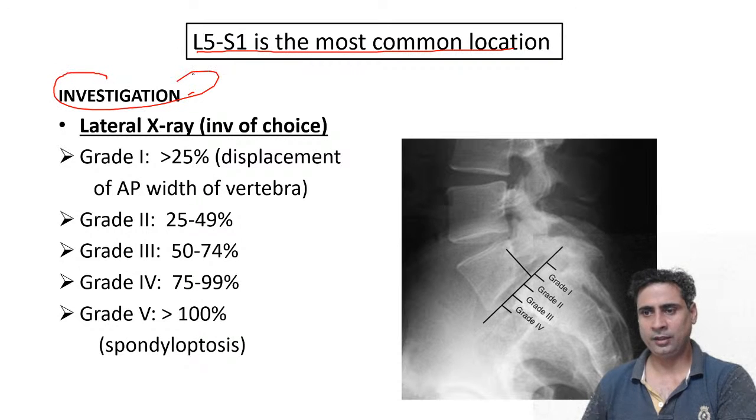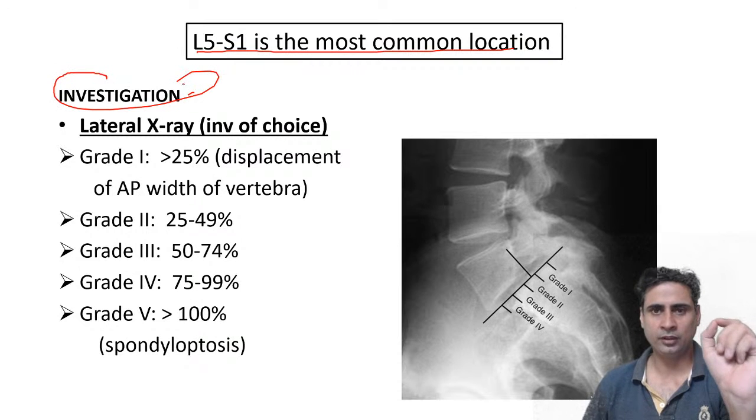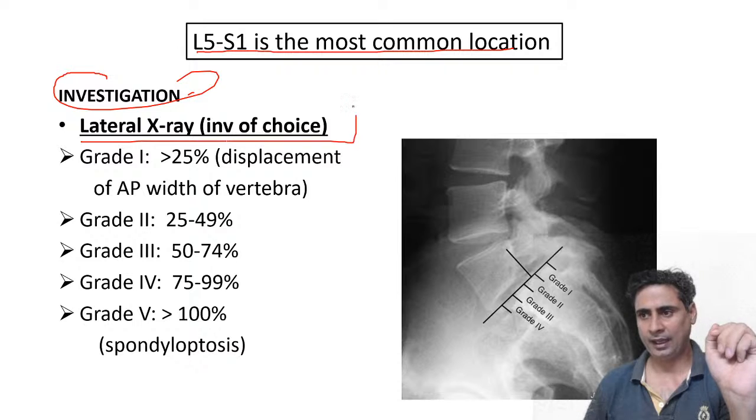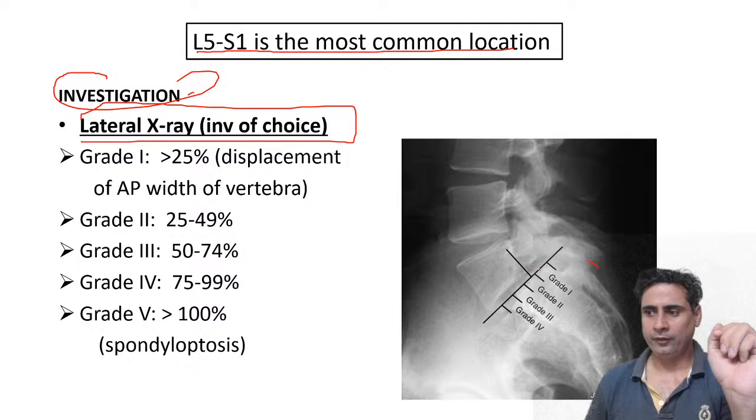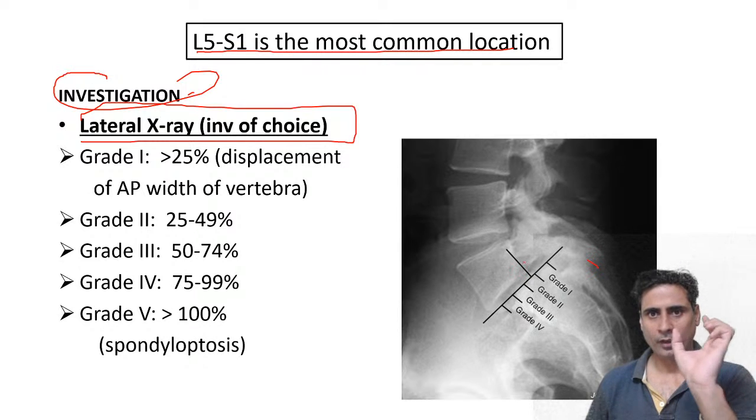On investigations, the first investigation which we usually recommend is lateral X-ray. On lateral X-ray, we grade this spondylolisthesis into 5 types depending on the degree of displacement in comparison to the lower vertebra.